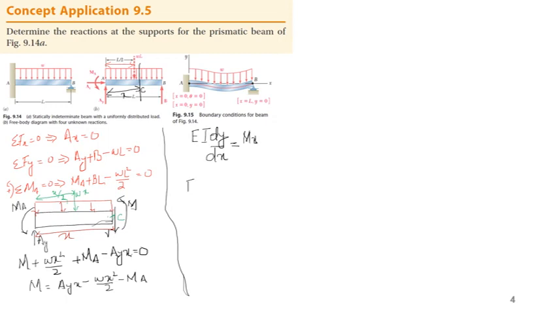And if I want to write EI d²y by dx², that will be AY x minus W x square by 2 minus MA.